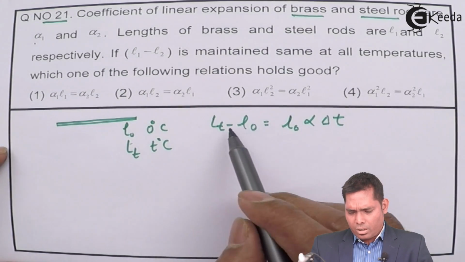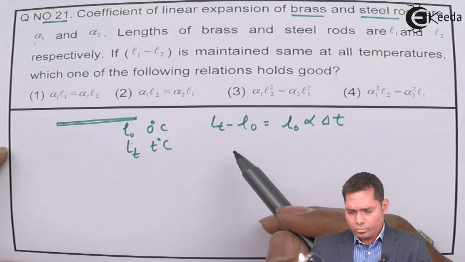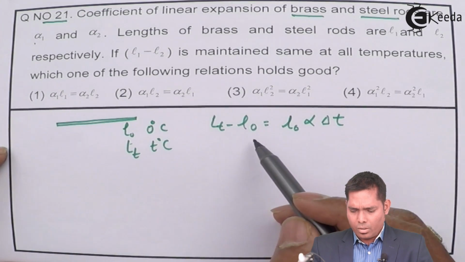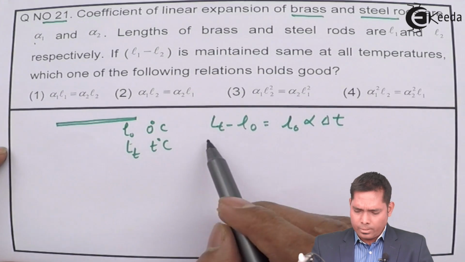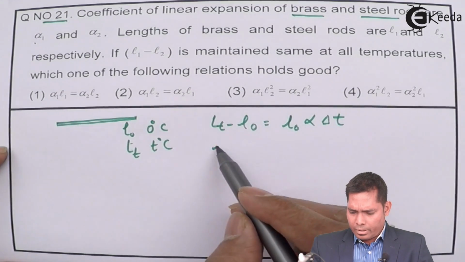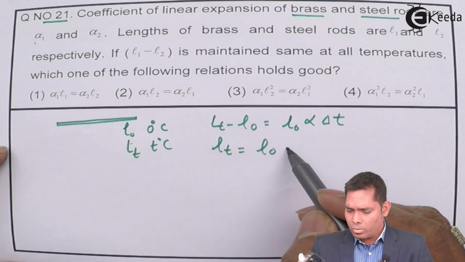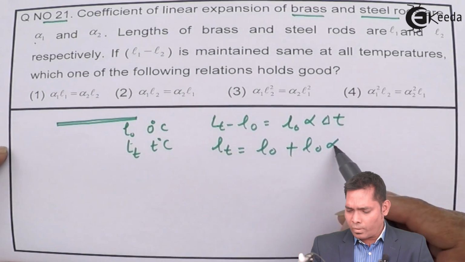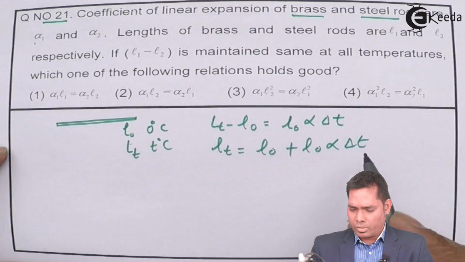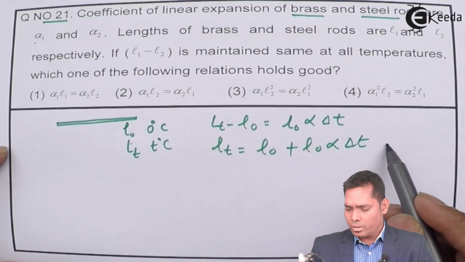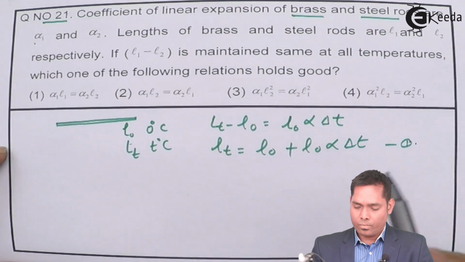So this is the change in length, and the final length is L0 plus L0 alpha delta T. This is the general expression.